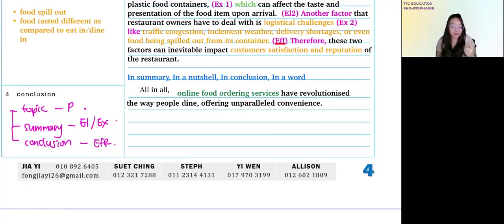Then we have to summarize, also briefly mention your Q3 as well. So here, however, they also faced a myriad of challenges. Myriad means a lot of, abundant. It can be similar to a variety of.